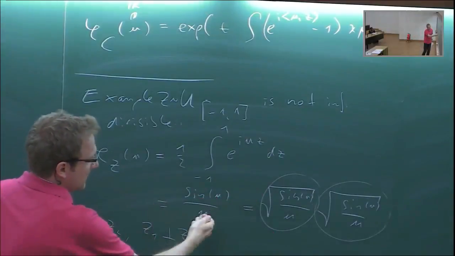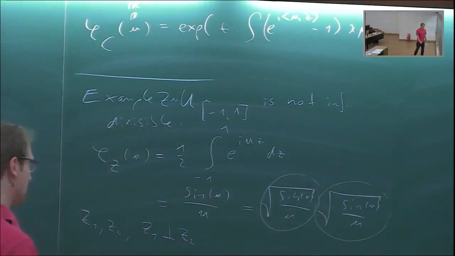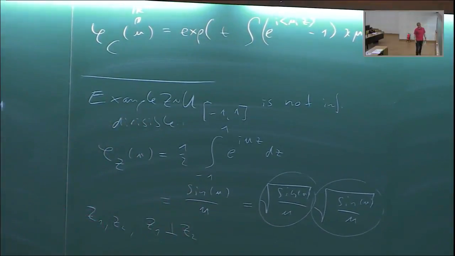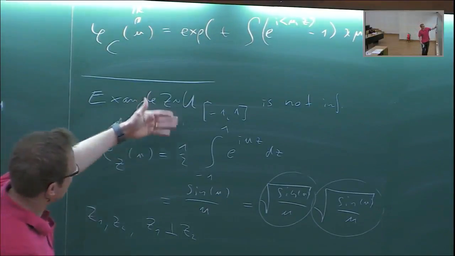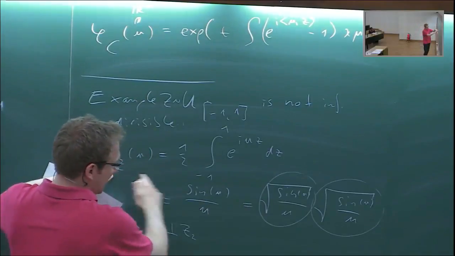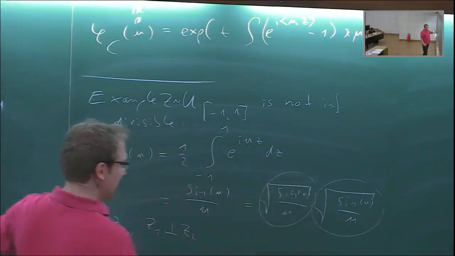Well, it's clear that these are the two factors which are the only possible ones. And of course, if we sum up two symmetric independent random variables, the distribution should remain symmetric. This means if we have something symmetric here, we would expect something symmetric there.